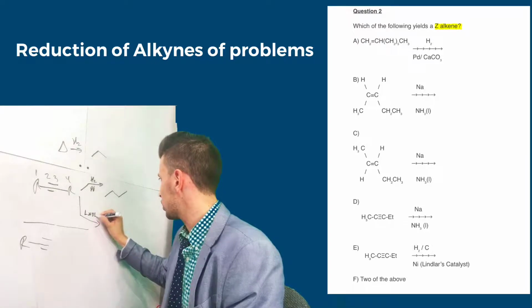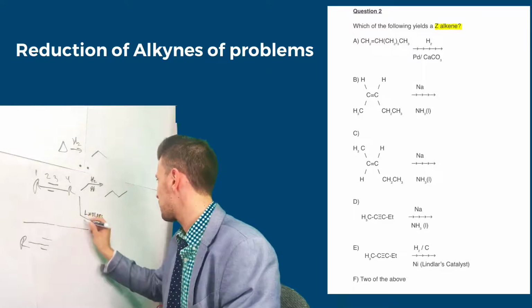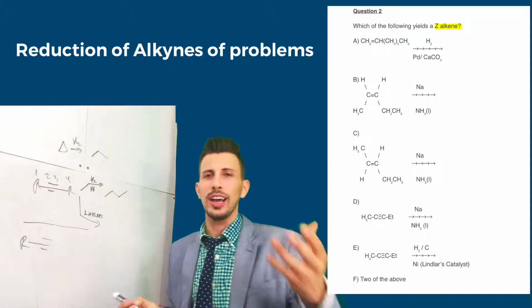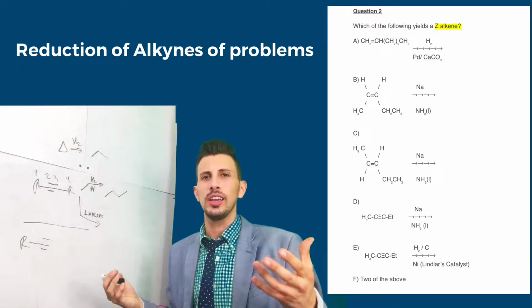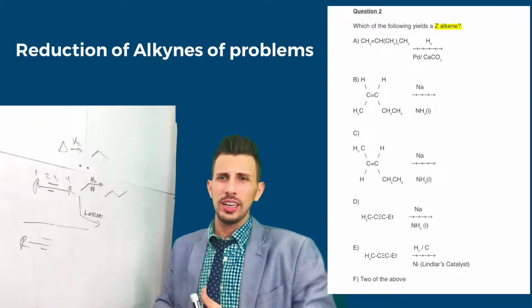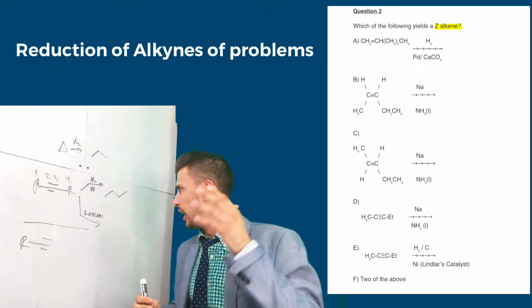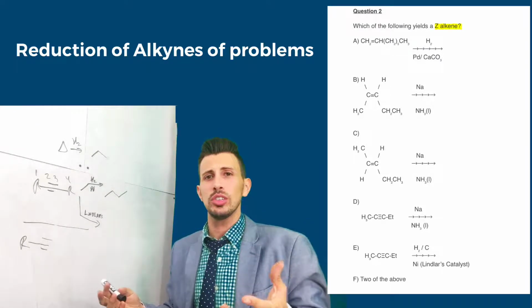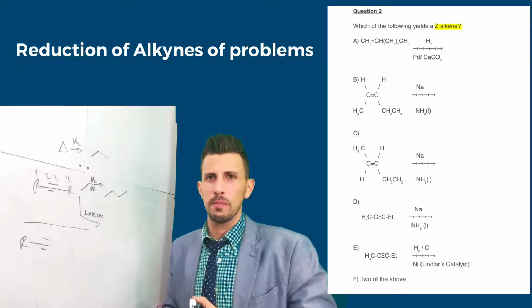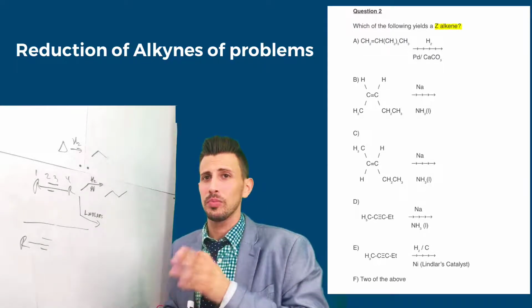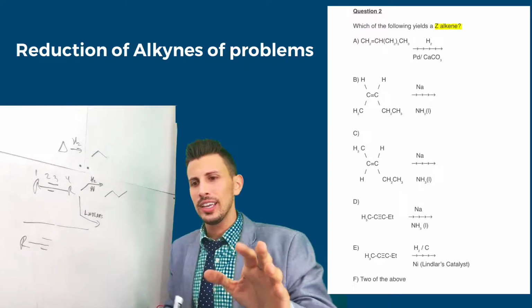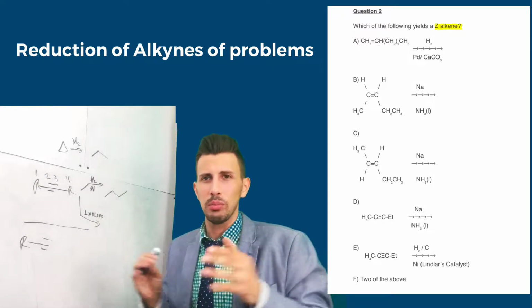One of them is Lindlar's catalyst. The purpose of Lindlar's catalyst is to selectively reduce alkynes into alkenes, but more specifically, after it converts into an alkene, it no longer reacts. And in addition, it's stereospecific in that it adds both of the hydrogens syn to one another. Notice that syn is different than cis, right? Because a syn addition corresponds to adding the 2 substituents on the same plane.